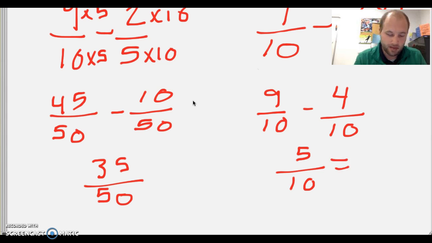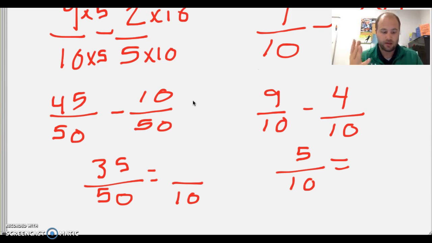This can be reduced, and this can be reduced. Okay, I know 35s and 50s, 5s can go into both those. So 5 can go into 50 10 times, 5 can go into 35 7 times. 5, 10, 15, 20, 25, 30, 35, 7/10.